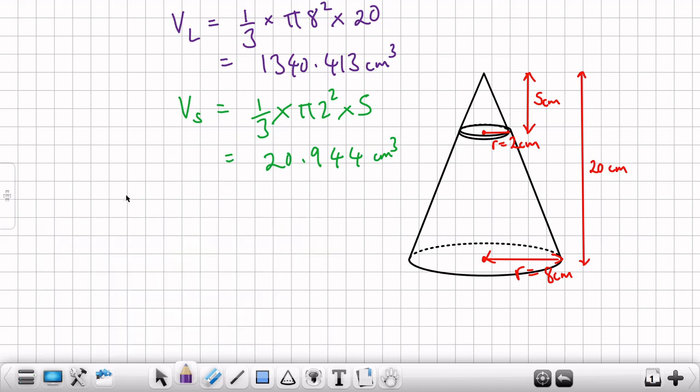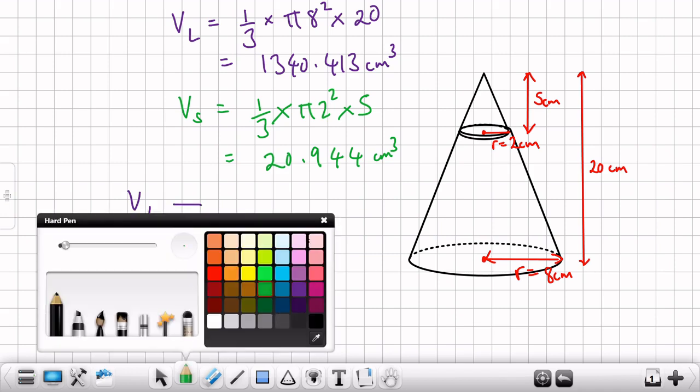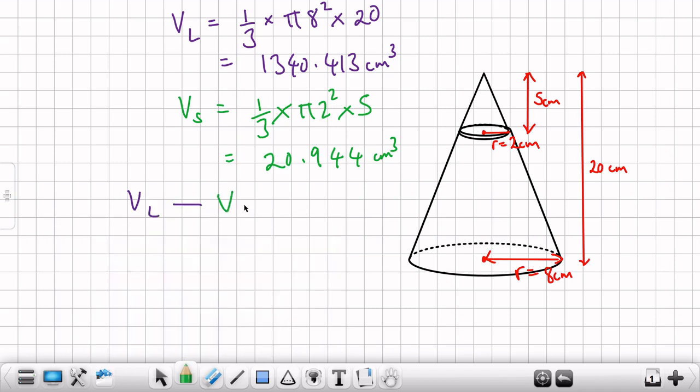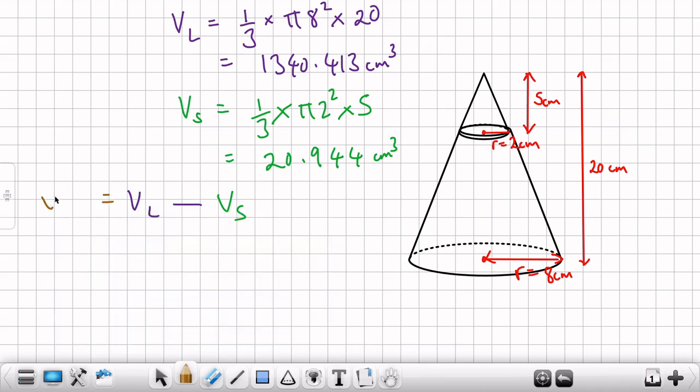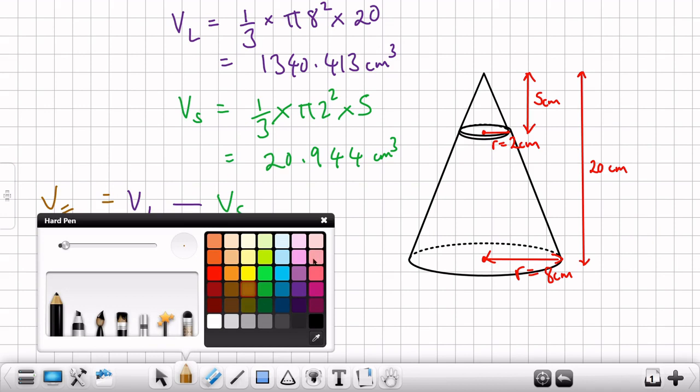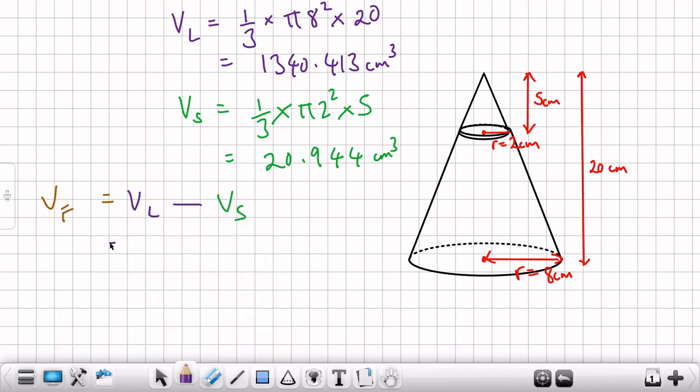So we're going to do volume of large cone minus volume of smaller cone. And that will leave you the volume of the frustum, all right? So let's do that then with these numbers.